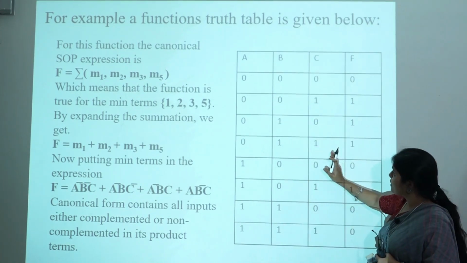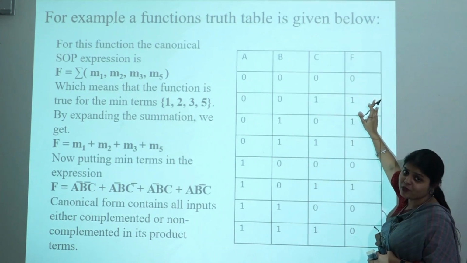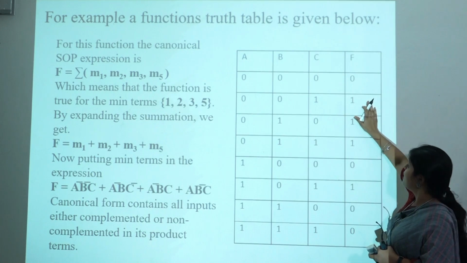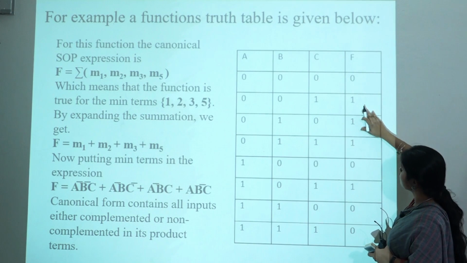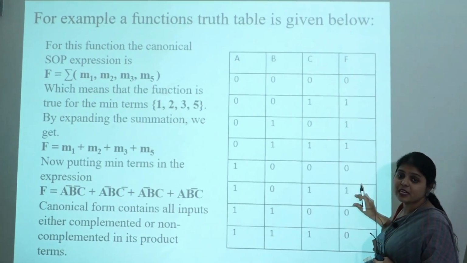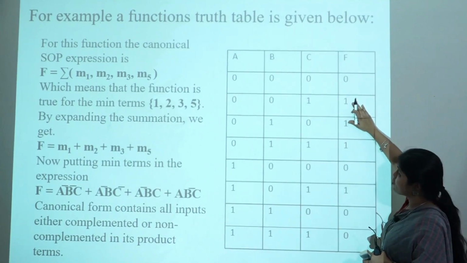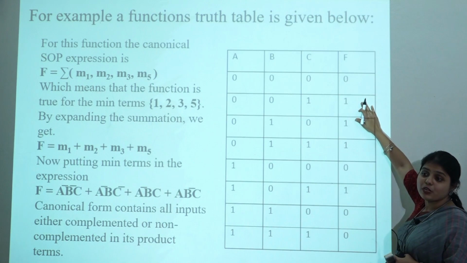We also have another column which represents the function f. I have combinations of a few zeros and ones. When you are talking about minterms or canonical SOP, I am interested in the ones, where the output variable is represented with ones.